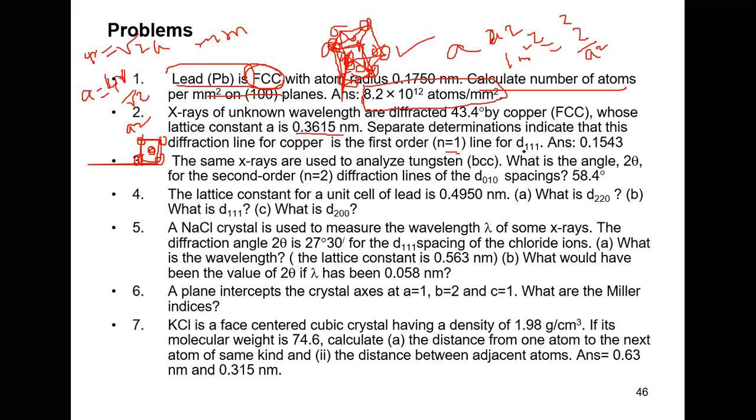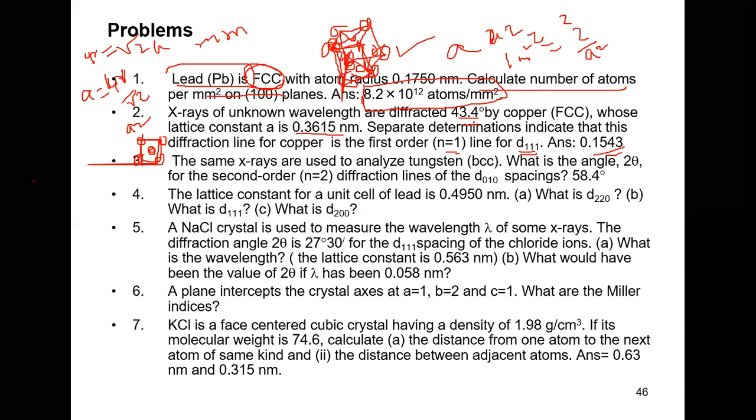So for D11, the lattice constant is a, and 2 theta is given, and from 2d sin theta you are asked to calculate the wavelength lambda.